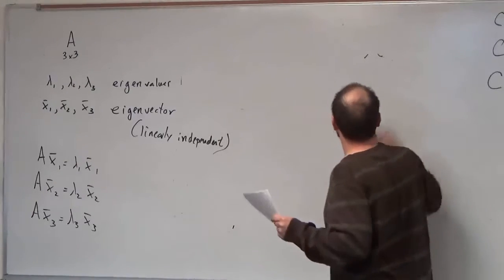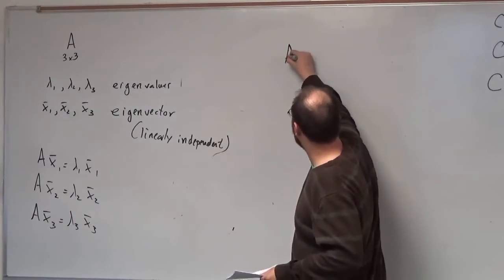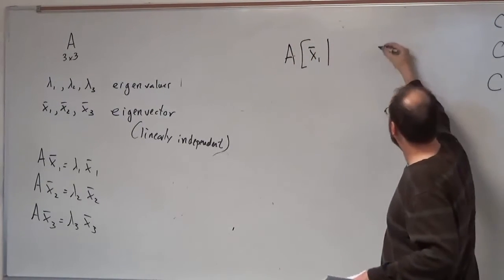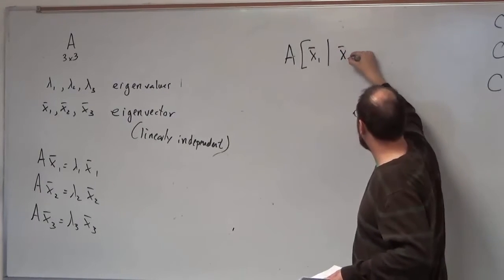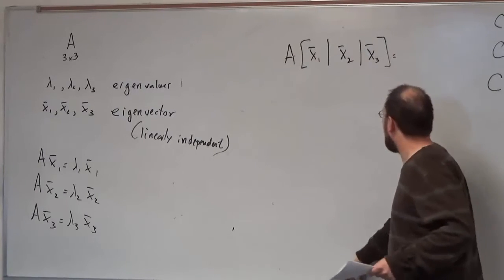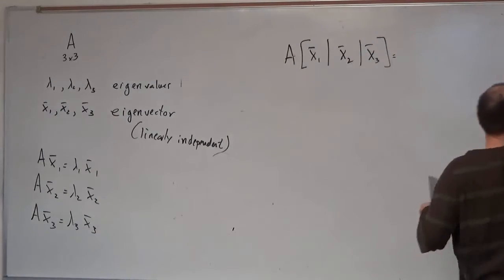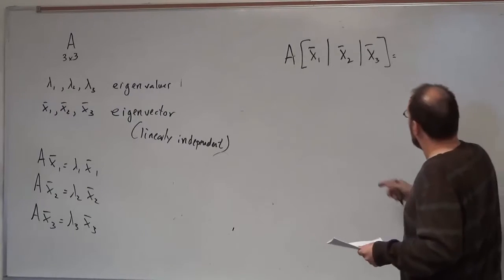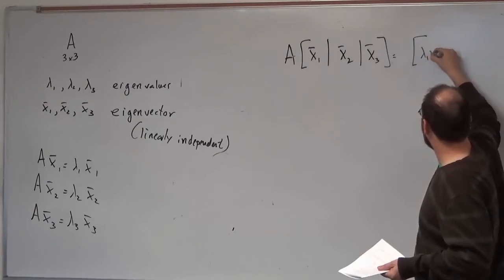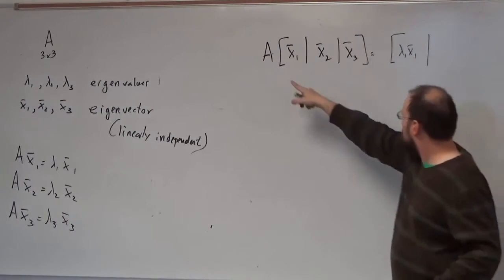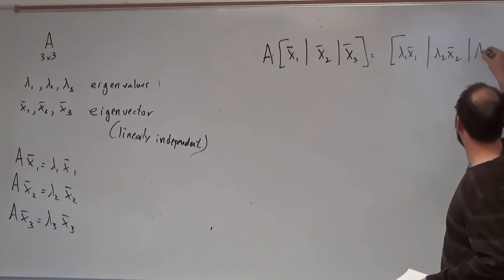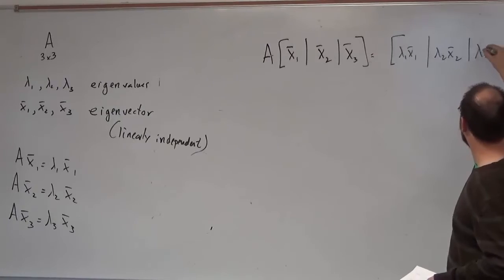We would have A times the column consisting of the first eigenvector, the next column is the next eigenvector, this is the third. Okay. What would I get? Well, A times x1 gives you a column which is lambda 1 times x1. A times x2 gives you lambda 2 x2, and so on. And this would be lambda 3 x3.